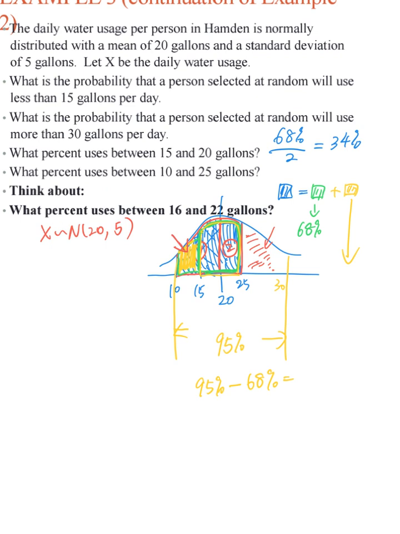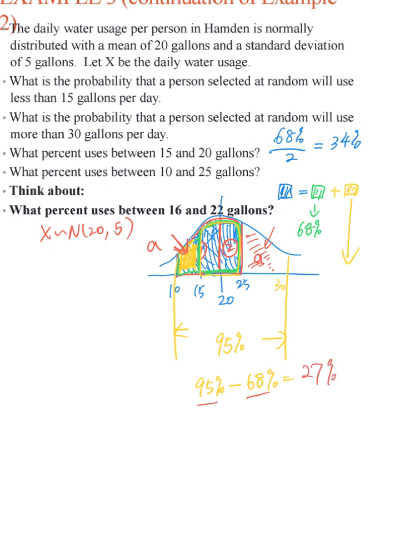Suppose this number is A, then this number also equals A. So 2A is equal to 95% minus 68%, that is equal to 27%.